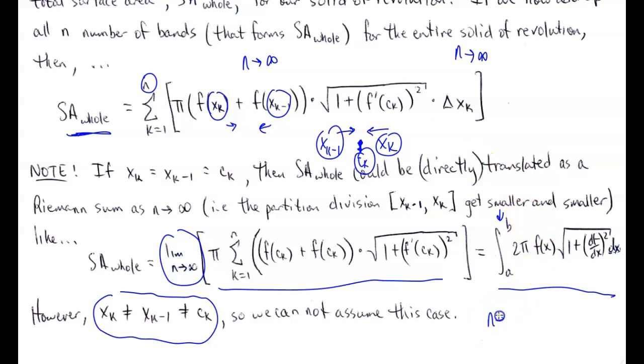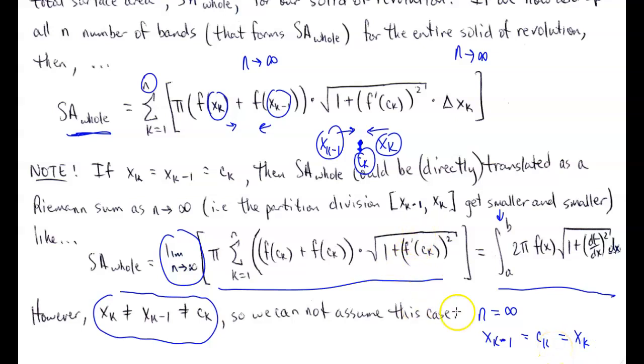I know this is kind of an incorrect statement, but I'm going to make it here just to make my point. If n could actually equal infinity, then x sub k would be the same as x sub k minus 1, which would be the same as c sub k. Or I probably want to write it this way, to make it look like the order that it's supposed to be in: x sub k minus 1 would be equal to c sub k, which is x sub k.